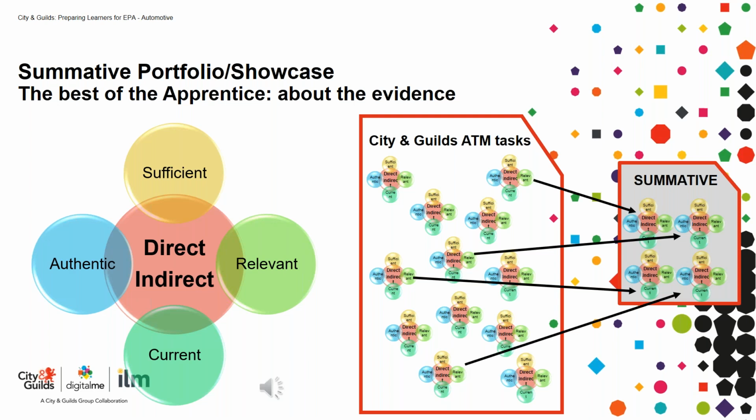But if you, the apprentice and the employer, are still preparing this evidence, you can continue to work on it. You must, however, upload the Showcase portfolio no later than 10 days before the actual EPA event. This will allow the IEPA enough time to review the evidence in preparation for the professional discussion. Make sure you have a quality assurance process in place to check quality and only upload the strongest evidence.